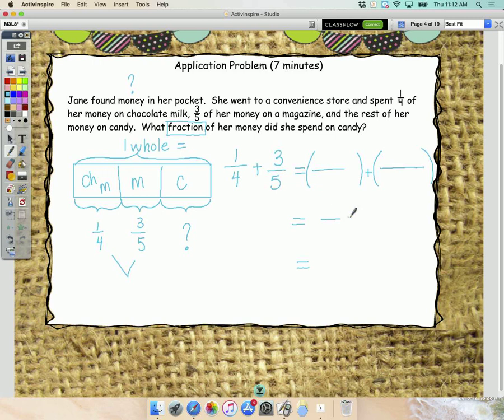And we need a common denominator, so I'll pull a stick for that. How about JJ? What's my common denominator? Isn't it 20 for 4 and 5? Yes. So now do we know what the 1 whole is going to be? 20/20ths. And we'll come back to that.